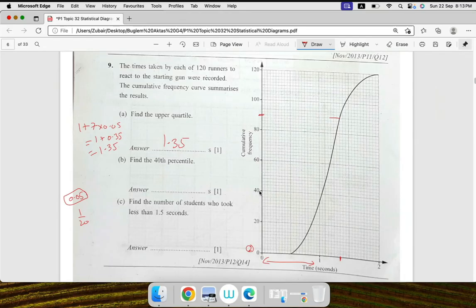So 40 and 48 is going to be 4 boxes. 1, 2, 3, 4 boxes. This is the second box after 1. So that'll be 1 plus 2 times 0.05, just 1 plus 0.1. So yeah, 1.1.